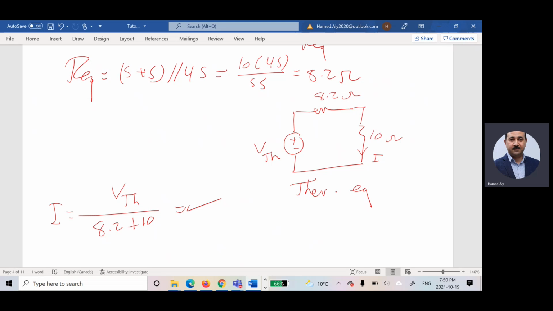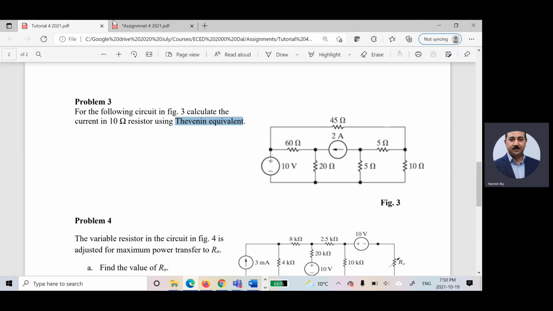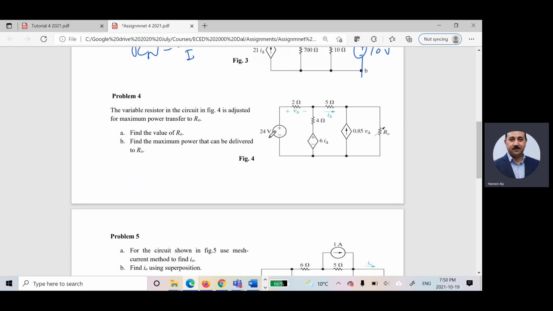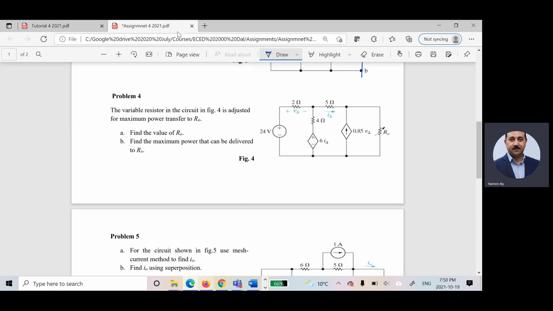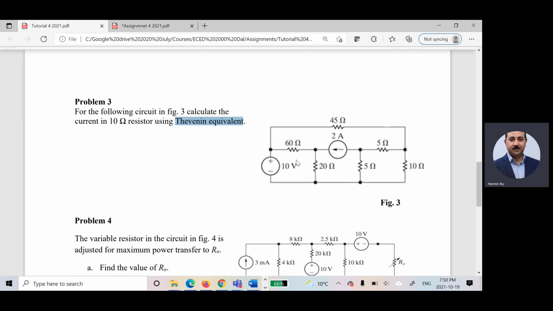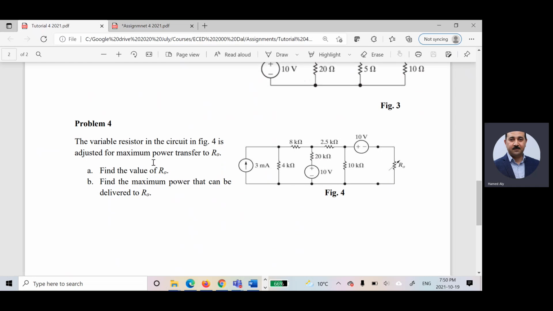Let me solve the last problem because you would like to leave. The last problem, which is similar to the problem in our assignment, is this problem.